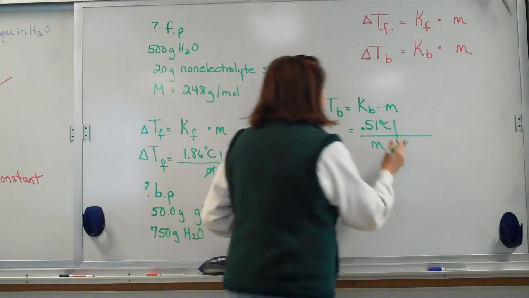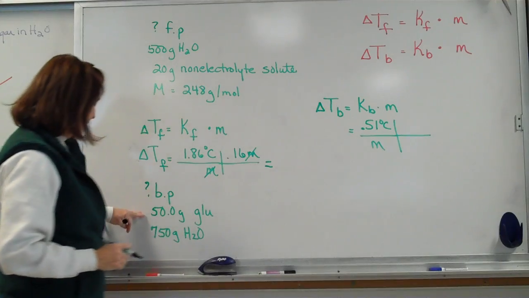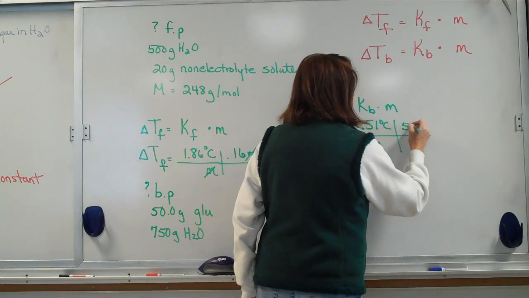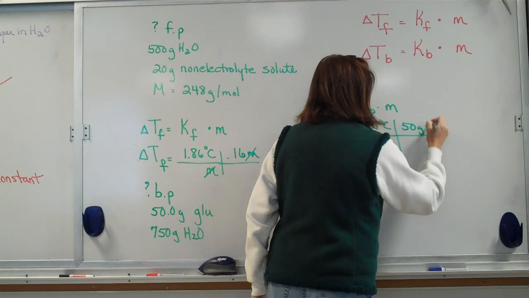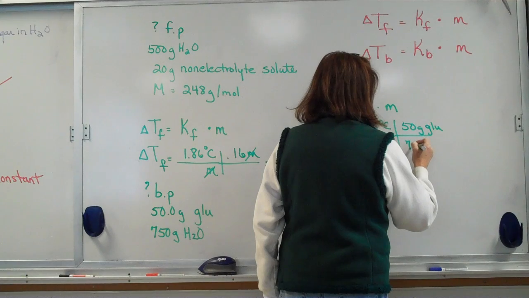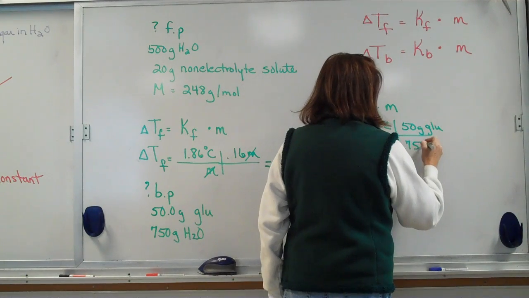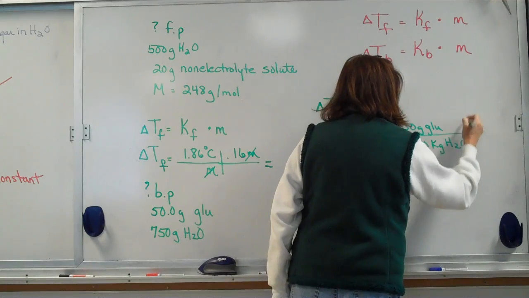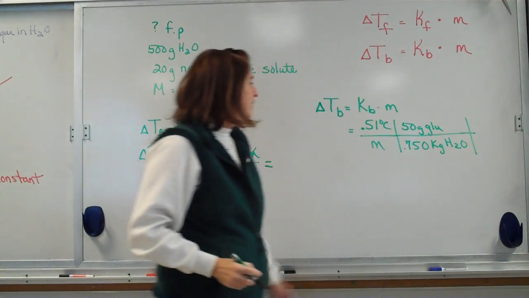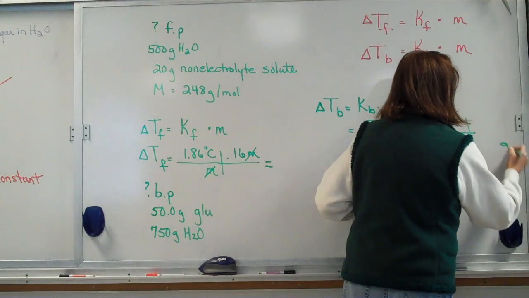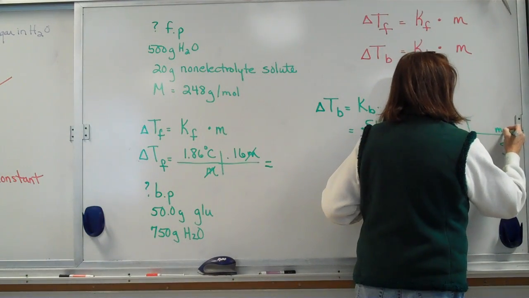And now I have to calculate the molality. I have 50 grams of glucose and 750 grams of water. I'm just going to say 0.750 kilograms of water. Those are none of the units I need, so I'm going to have to get rid of grams and go to moles.